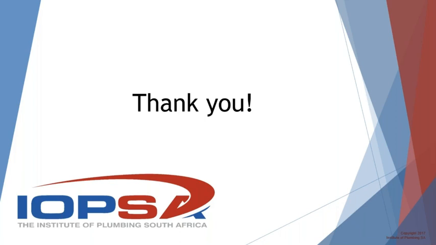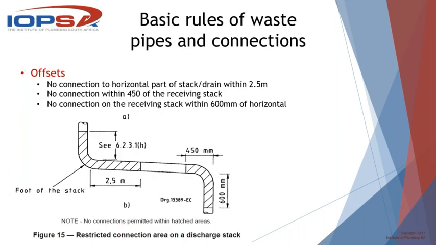No, you can connect into a horizontal stack, provided you follow those rules and don't connect it within those certain areas. I'm assuming the person is talking about that slide, the offset. So if you do need to connect into a horizontal stack, these are the restrictions that apply.